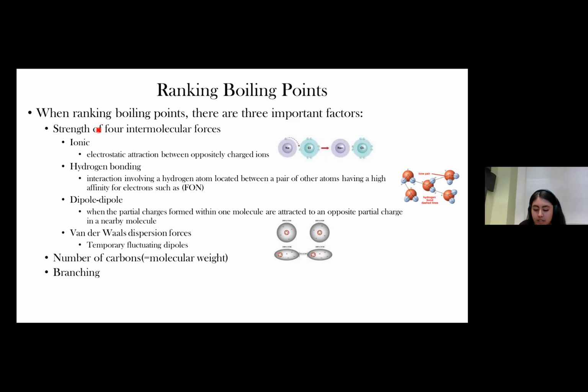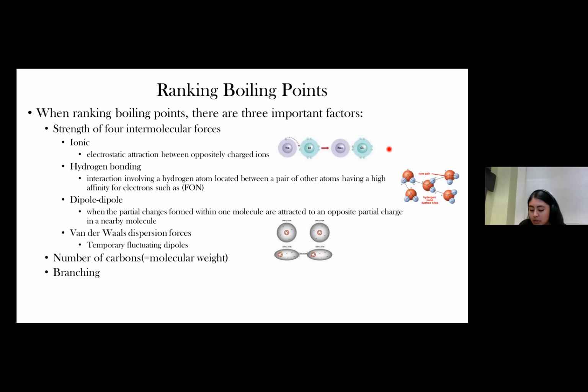But first, I just want to review the 4 intermolecular forces, which you might be familiar with, but I'll do it very quickly. Ionic forces are electrostatic interactions between oppositely charged ions. So in this molecule right here, you have Na plus and Cl minus. This is an example of an ionic interaction.